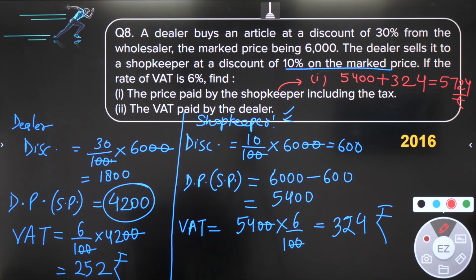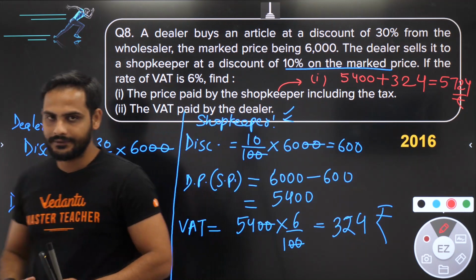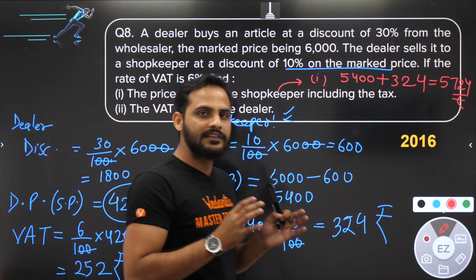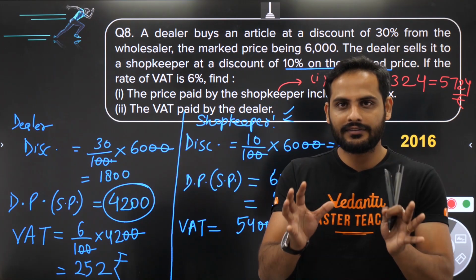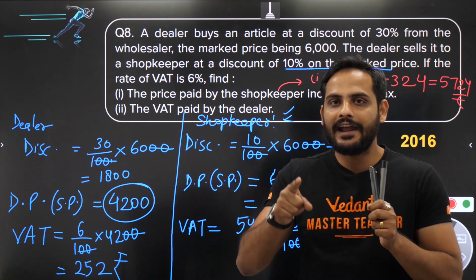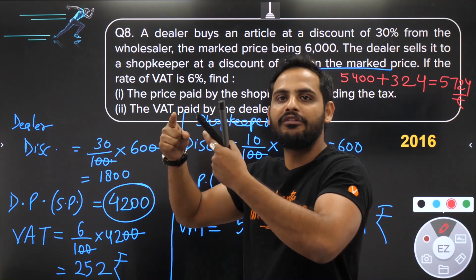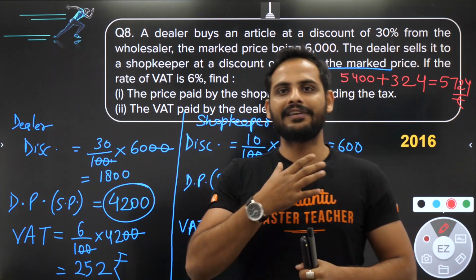In this case, children, think about it. I have told you, beta, that this VAT is given to the government. This VAT is given to the government, and who repays the VAT? The VAT is paid to the government by the seller. Suppose I am a shopkeeper.